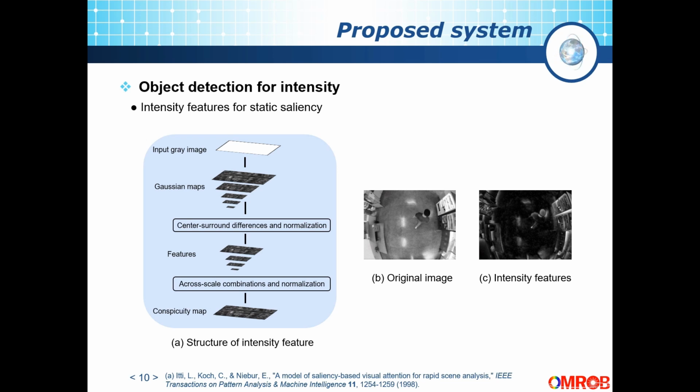The intensity feature can be obtained in the following steps. Input is provided in grayscale image format. 9 spatial scales are created using a Gaussian pyramid from the input images.